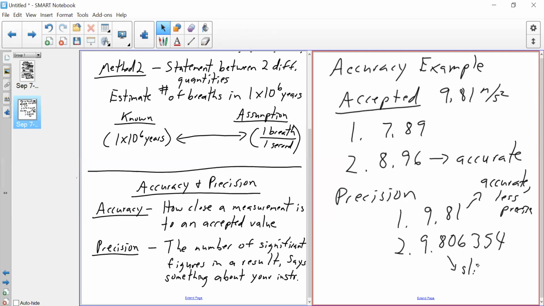That's okay in some contexts. They're relative to each other. So group 2 is more precise than group 1, and group 1 is more accurate than group 2.